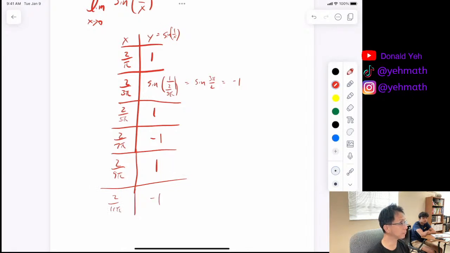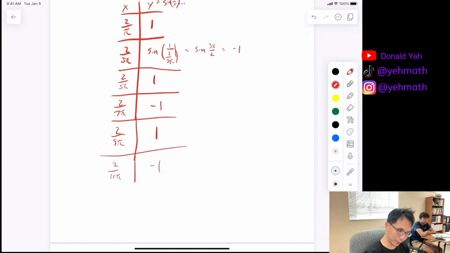Is that okay? Now, what happened to this x value? Do you see this x value? The x is going toward what? If you have 2 on the top, and the bottom number keeps on increasing, like 2 over 3, 2 over 4, 2 over 5, 2 over 6, 2 over 7, 2 over 8, what's the number going to? 0.